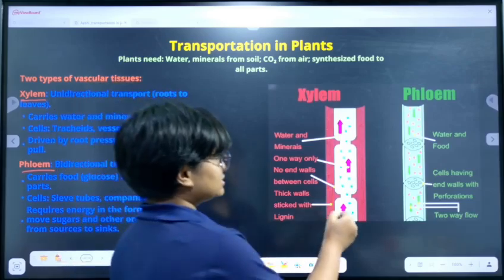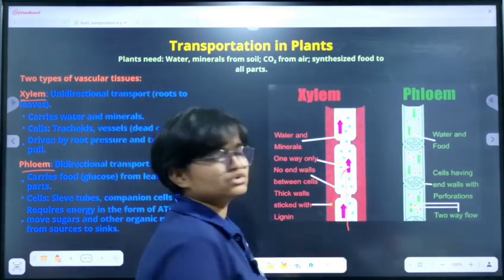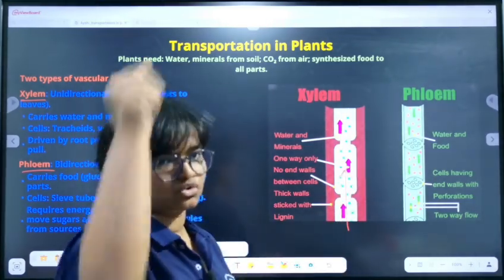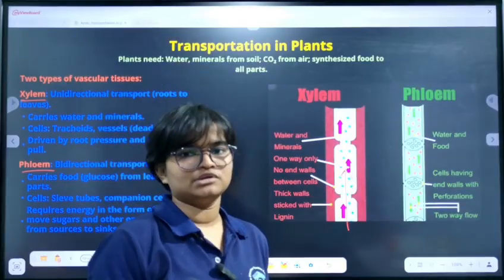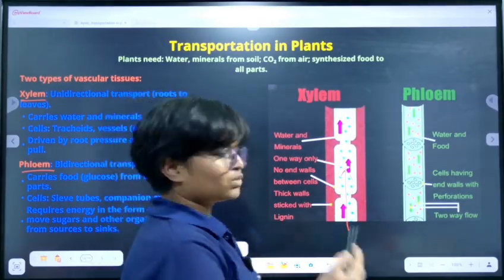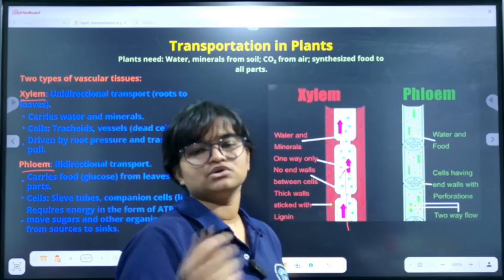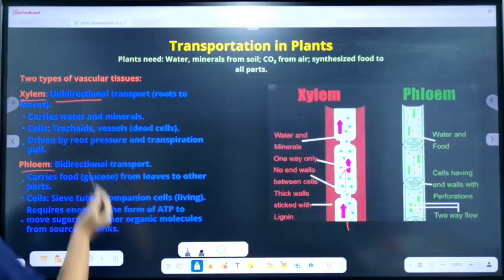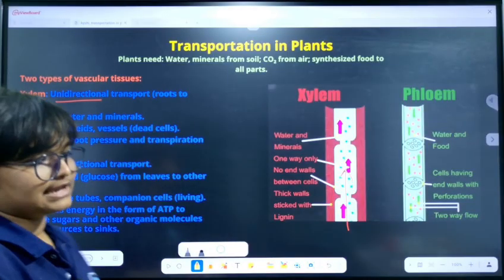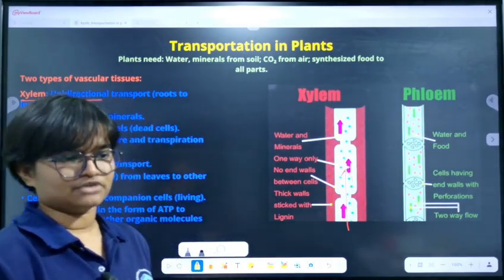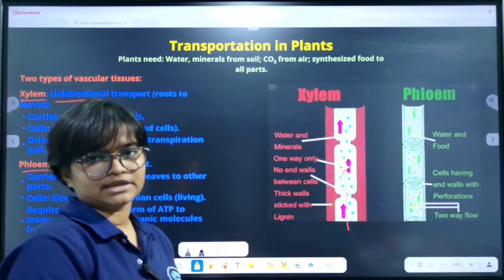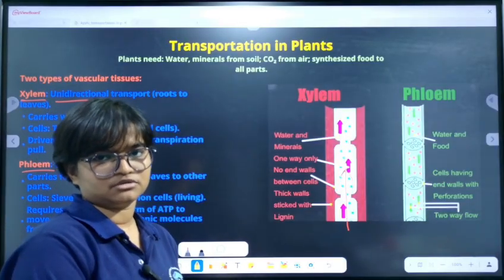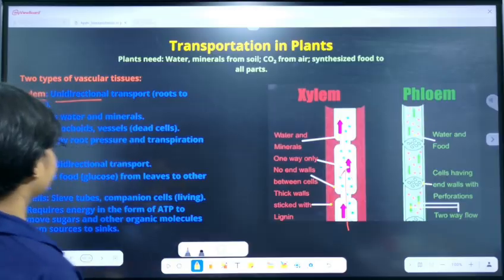So there it is only a unidirectional process. They don't go from upward to the downward. They only need to go upward, so it is unidirectional. And this xylem only carries minerals and water, after all, the plants will get the minerals and the water from the soil itself.